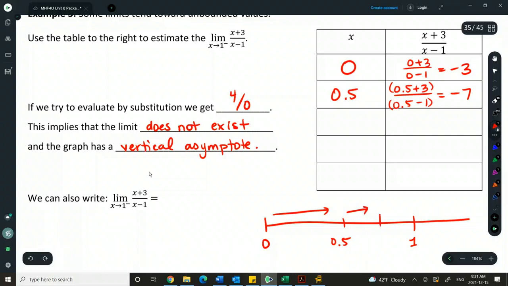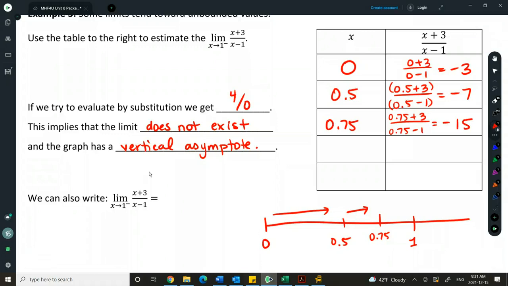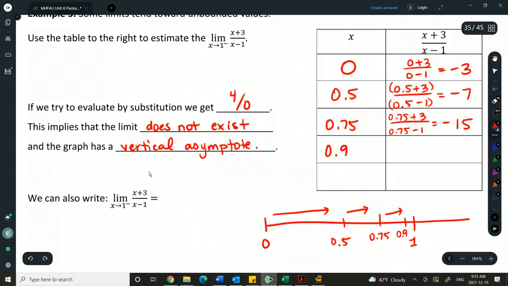Okay, let's move even closer. Maybe we go 0.75. Someone else confirm for us? You got the same thing? Okay. Even closer now, let's go 0.9 and see what we get for that.